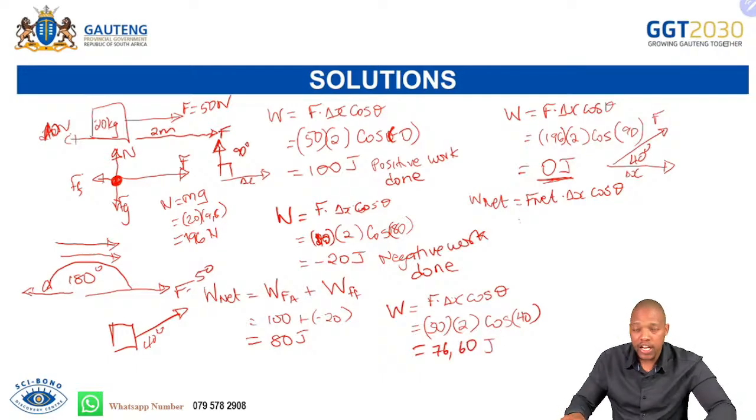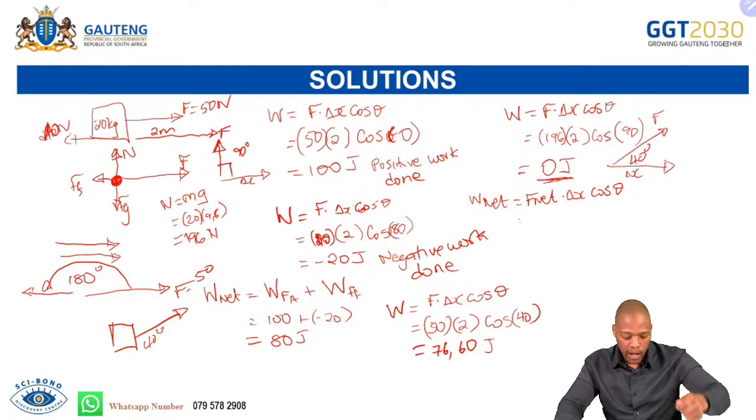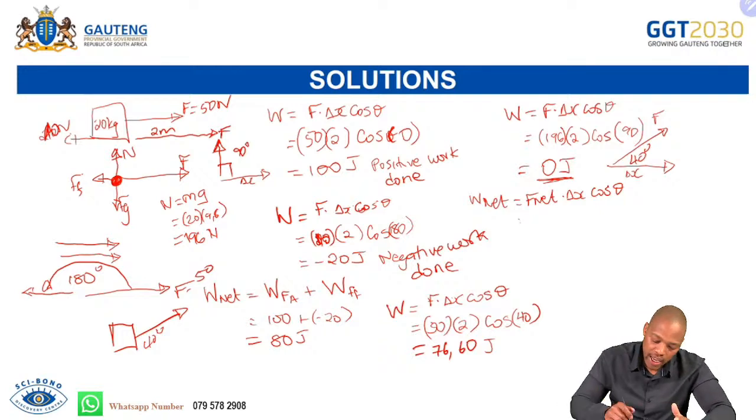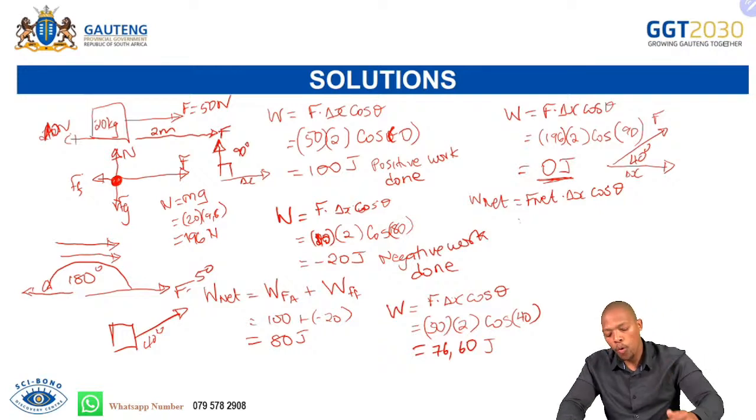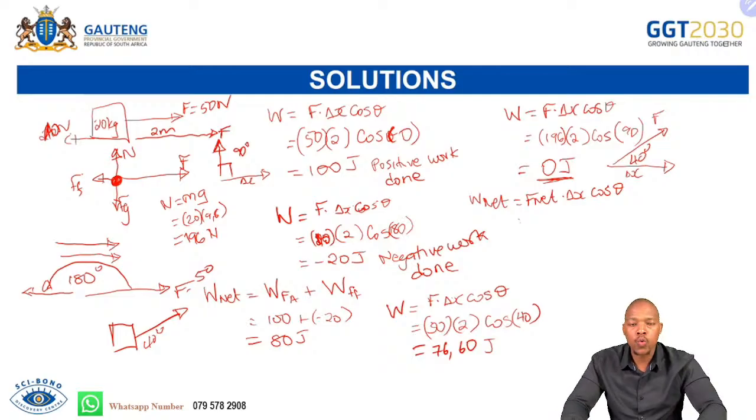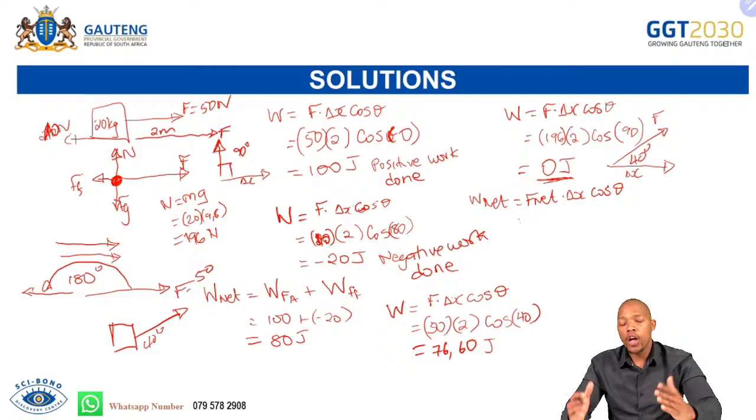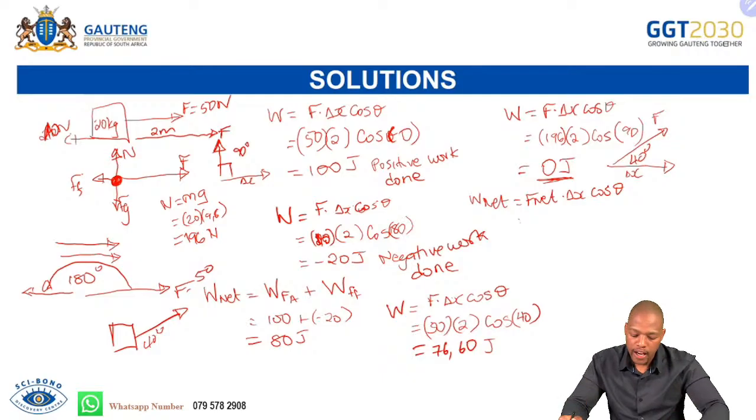So the energy that is transferred when you pull at an angle will be less than the energy that is transferred when you pull parallel to the displacement. You would remember that this was also the case in Newton's laws, that when you increase the angle, the net force there will decrease. So this is what is happening here.